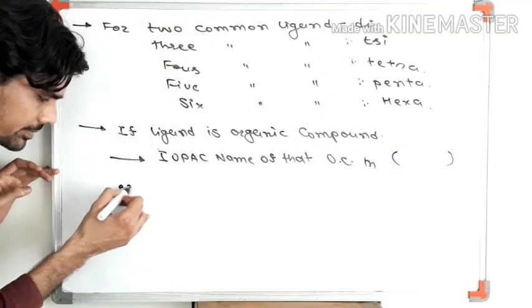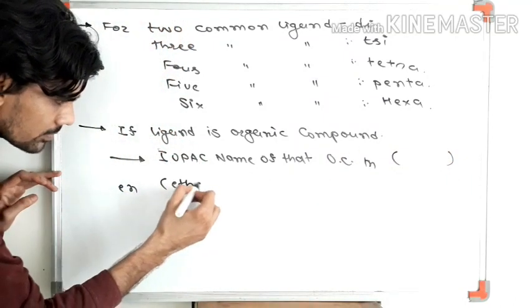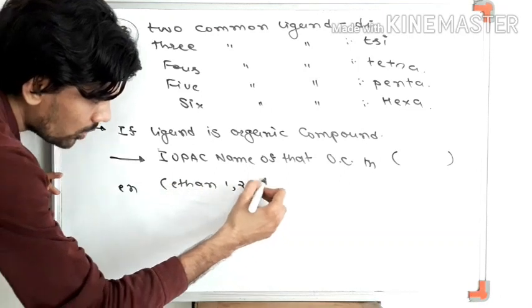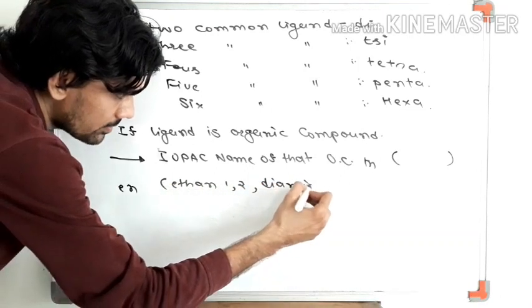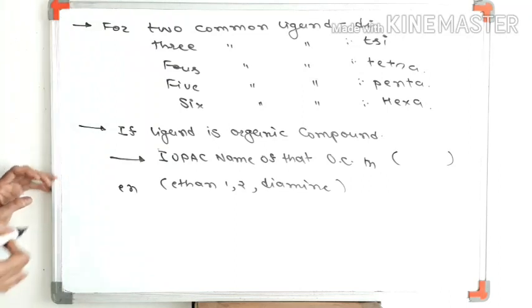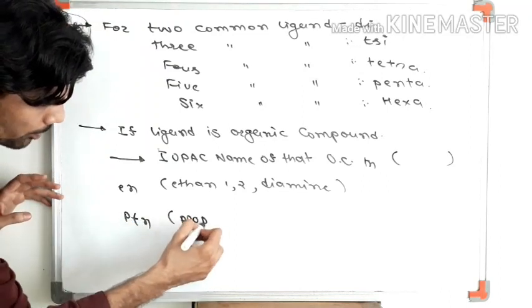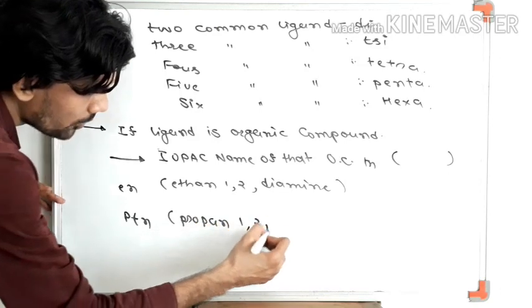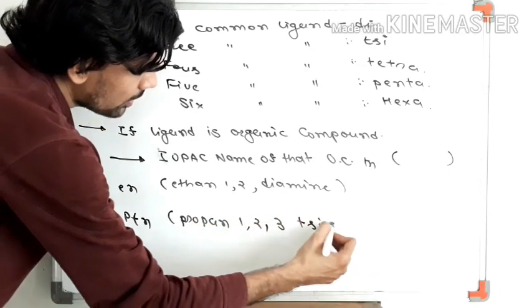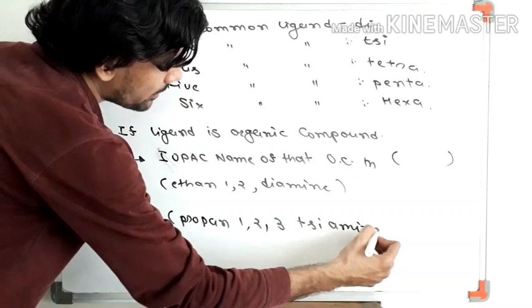Like for en, it is ethane-1,2-diamine. Like for pn, it is propane-1,2,3-triamine.